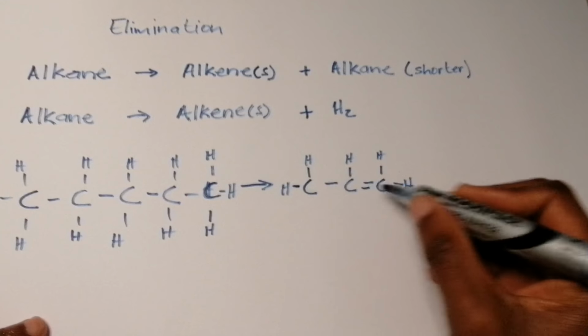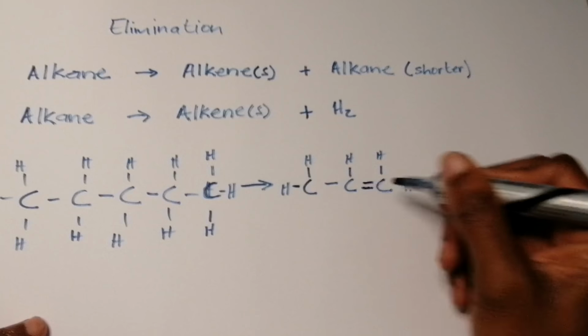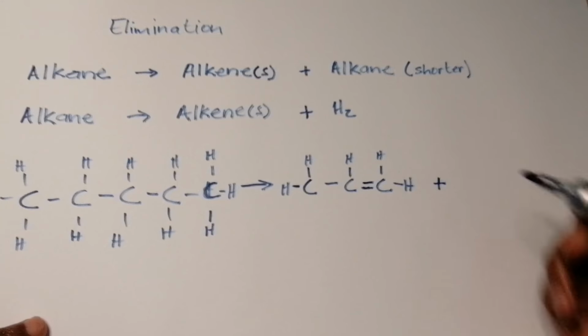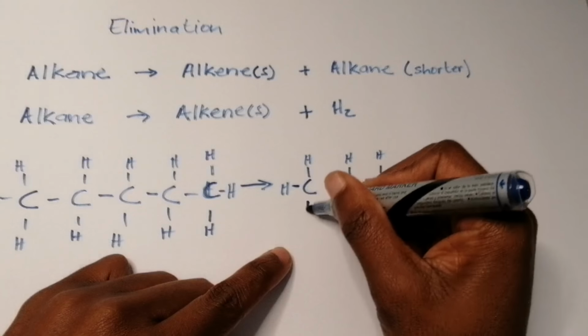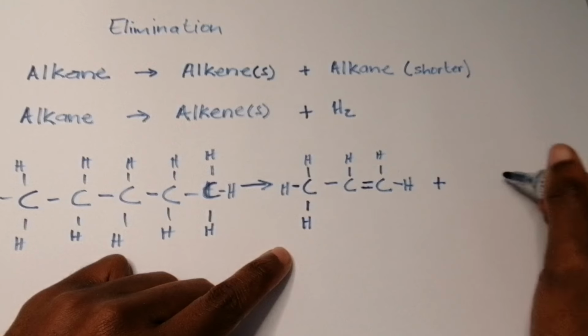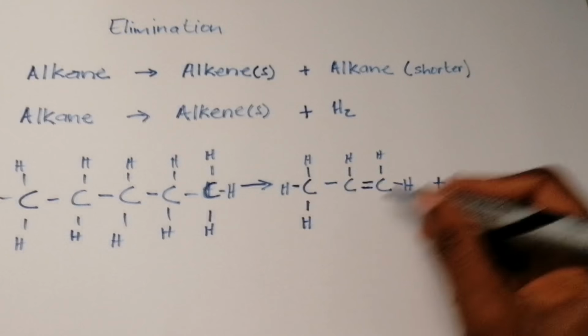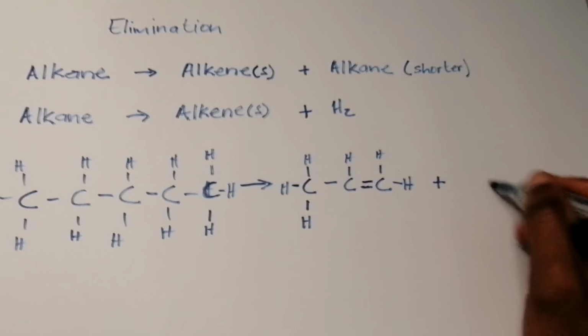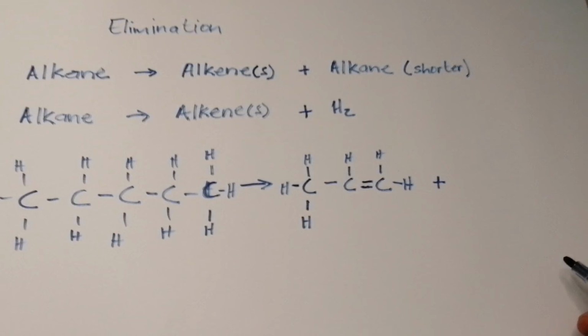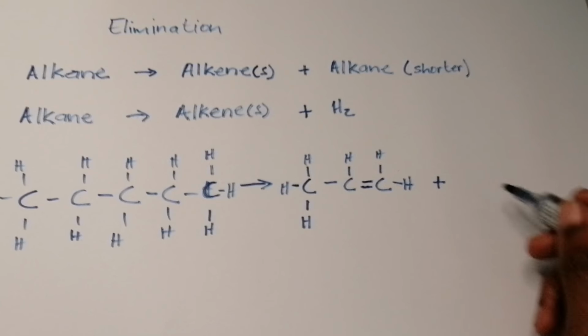Now, how would I know? Usually when they ask you this, they'll say it will form this, let's say product X, and then they say give the structural formula of product X. So now what is still missing there?